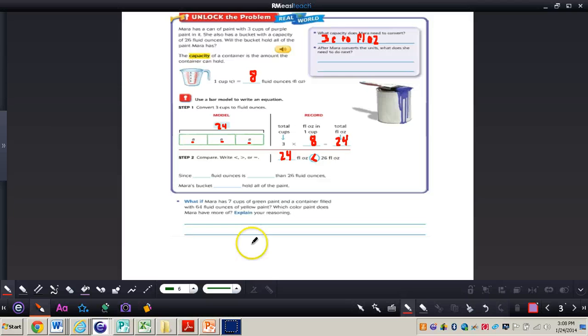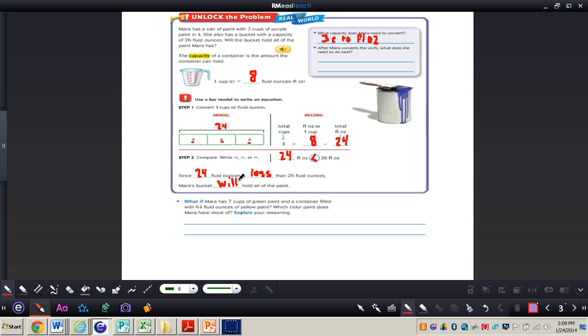Since 24 fluid ounces is less than 26 fluid ounces, there we go, not student ounces, fluid ounces, Mara's bucket will hold all of the paint. As you can see, there were 26 total fluid ounces of capacity in the bucket, and there were 3 cups of purple paint, so it will hold this.